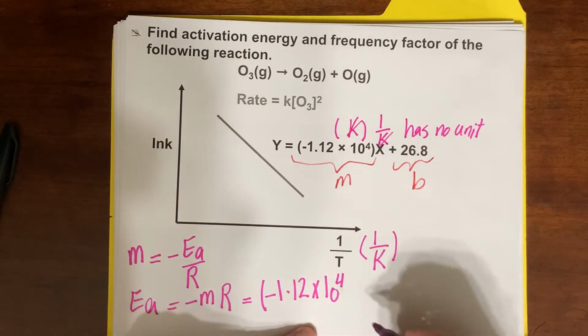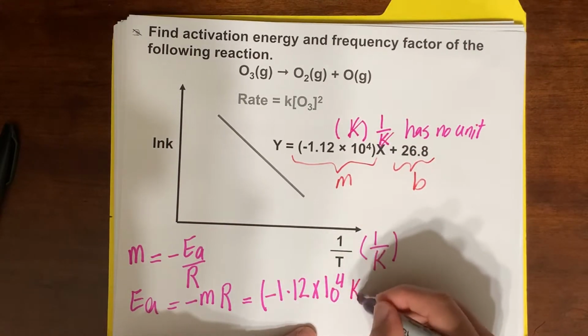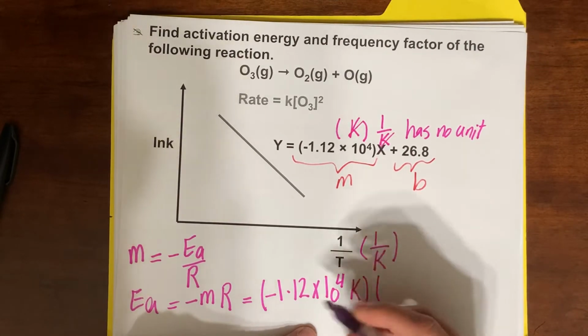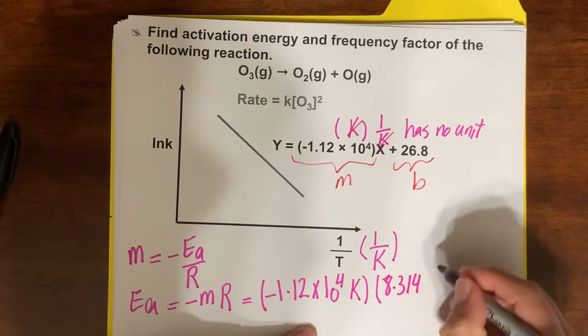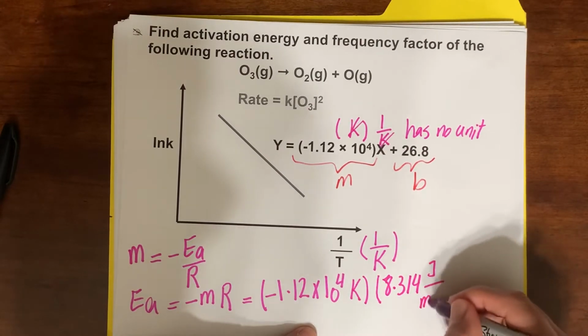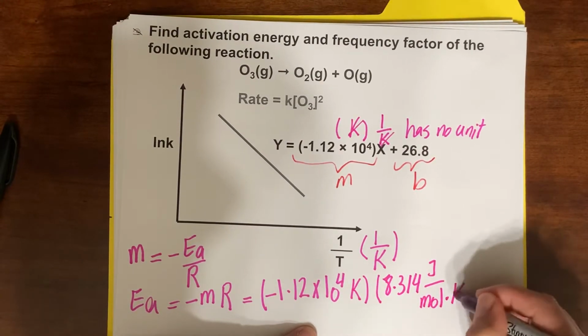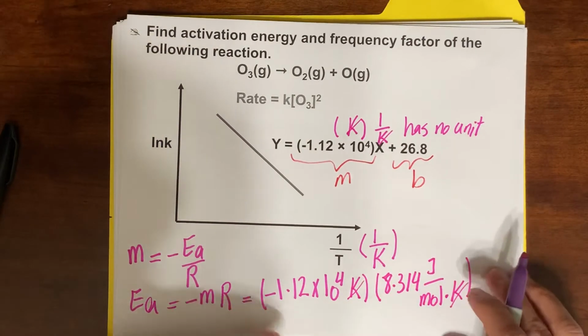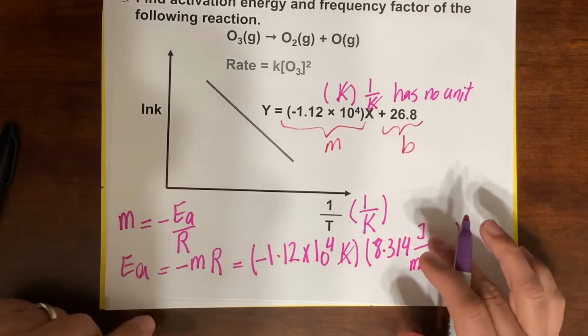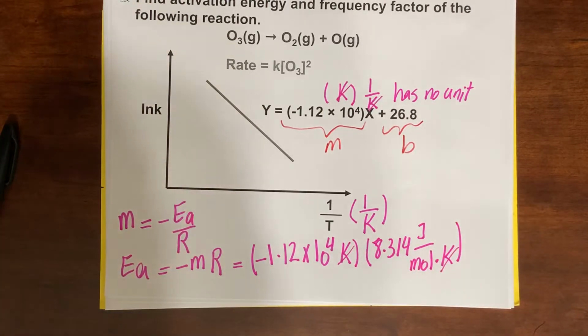So this one is going to be Kelvin multiplied by R. It will be 8.314 joule over mole Kelvin. Now you cross Kelvin by Kelvin, and that is going to give you joule over mole, which is the right unit for activation energy.